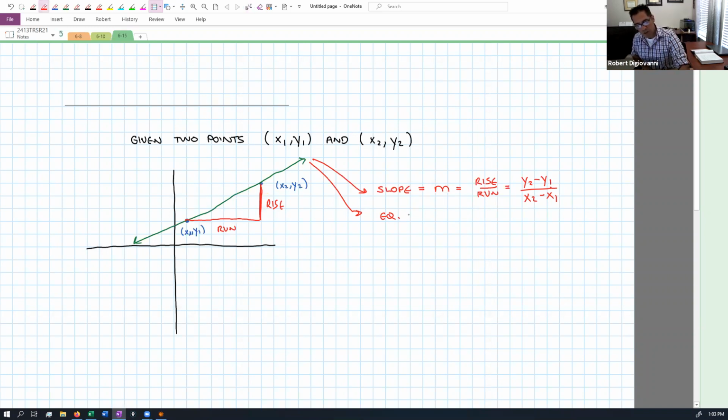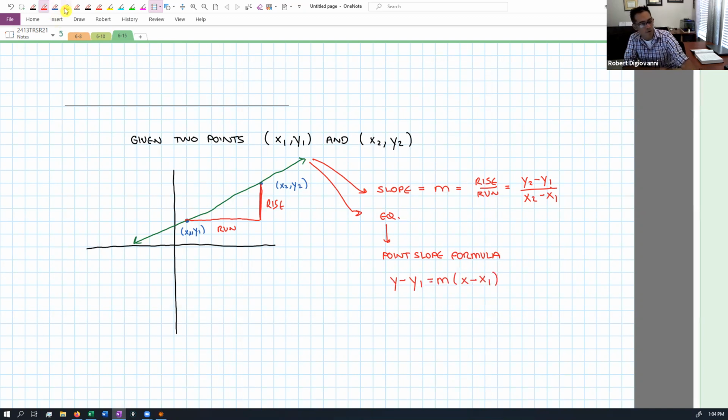Now, the equation of a line, to do this, we used a formula. It was called the point slope formula. We're going to need to know this formula, all right? The point slope formula looks like this. Y minus y1 equals m times, in parentheses, x minus x1.